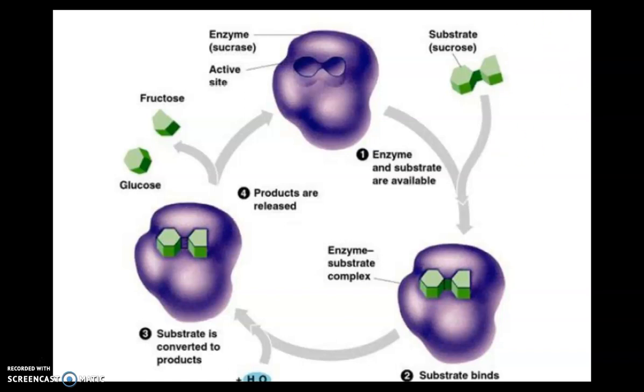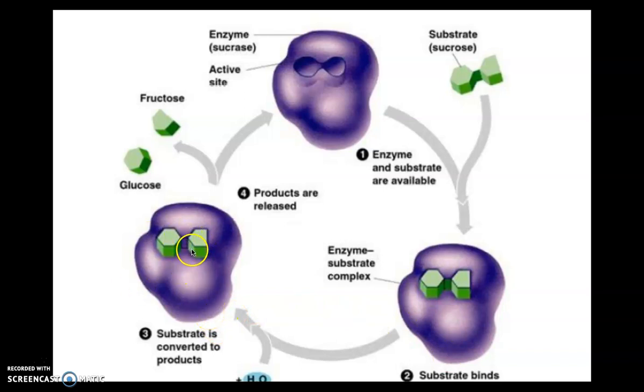So the first step, if you look here, this is your enzyme, the purple, and then the substrate, which in this case is sucrose. The enzyme is sucrase. So the substrate will go to the enzyme and form the enzyme-substrate complex, and then it will convert to product.